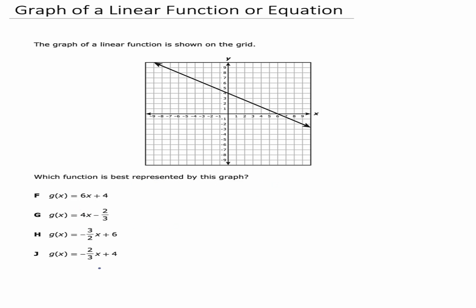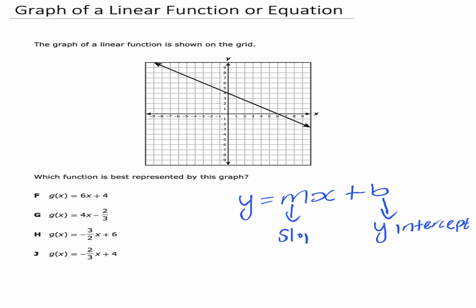Now, these are your functions, but even though it's a function, it's still written as the equation of a line. And the equation of a line is in the form y = mx + b. Now, the b represents your y-intercept, and that's where your line crosses the y-axis, and the m is your slope.